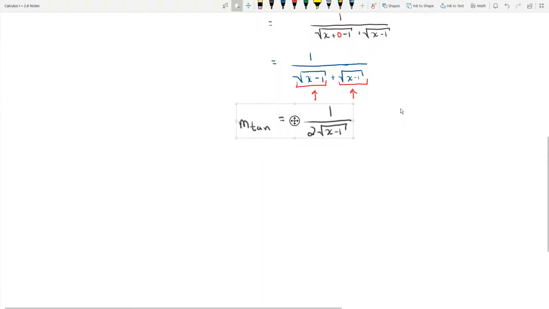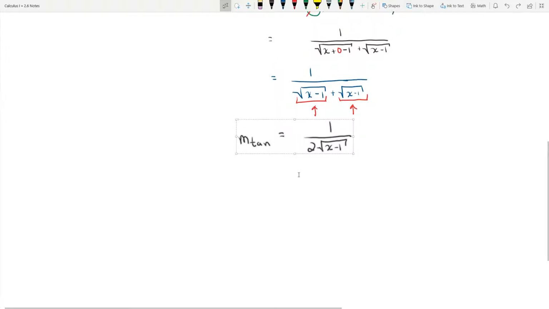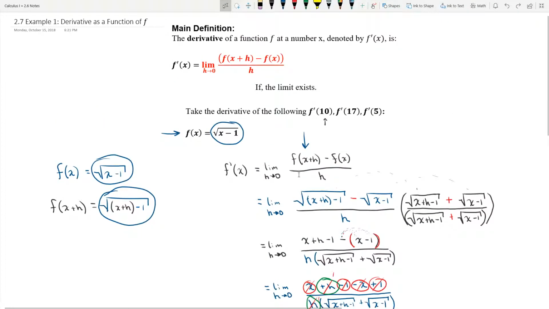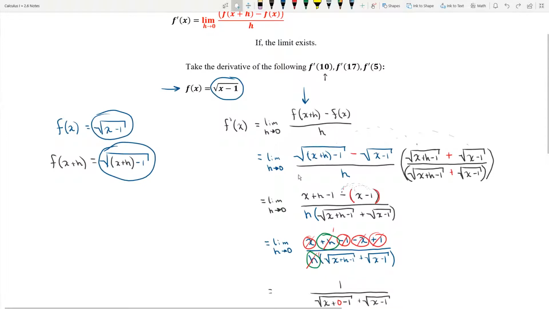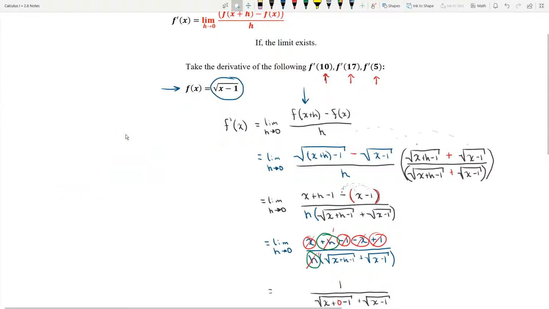And by doing that, we can solve for each one of those values. So let's go back up to the top. And we were asked to solve for f prime of 10, f prime of 17, and f prime of 5. Well, each one of those respectively are inputs along the function.